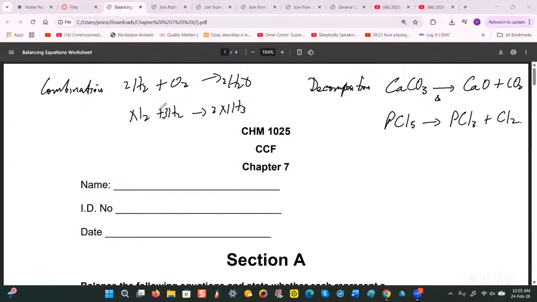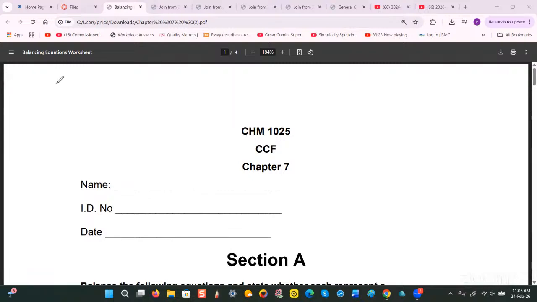The fourth type of reaction we're going to look at is single displacement. Basically what happens in a single displacement reaction is that you have one substance, it could be an element or a group of atoms, reacting with another substance, which is a combination of two parts, could be two elements.